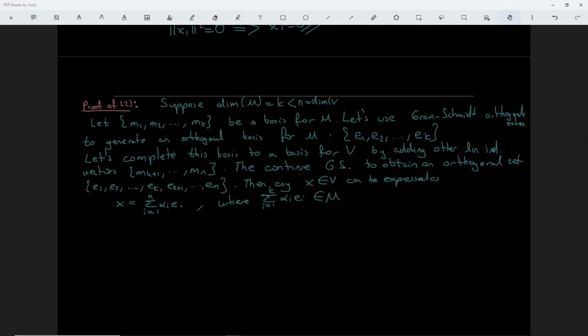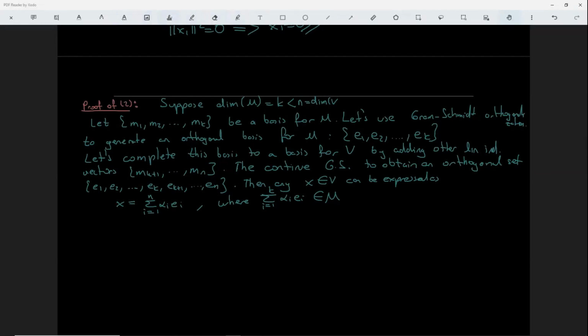Then I completed that basis set by adding linearly independent vectors to get a basis set for our vector space V. I add these vectors over here, and again applied Gram-Schmidt orthogonalization to this new basis set for V to obtain the orthogonal basis for the vector space V. And now I do have an orthogonal basis set for V, where the first k elements is actually a basis set for M. Right, it's over here.